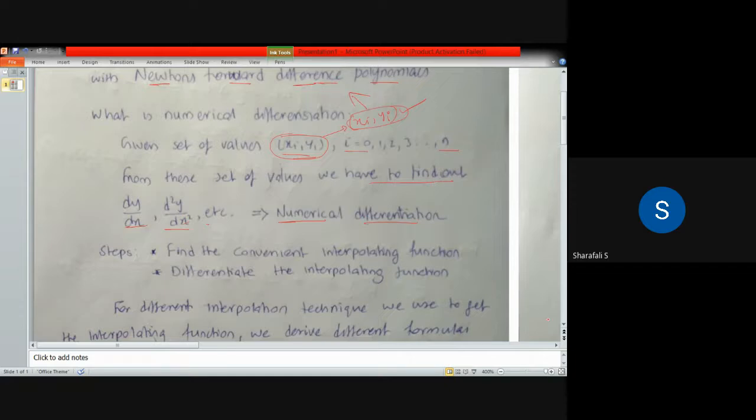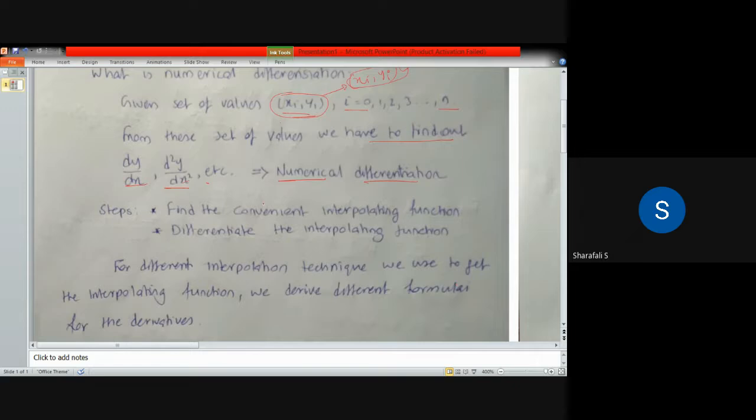Now, how can we do this? There are two steps, as I discussed. First, we have to find a convenient interpolating function for the given set of data. So first we have to use an interpolation technique. Here we are considering Newton's forward difference polynomial, so that we get the corresponding polynomial and function for the given data points.